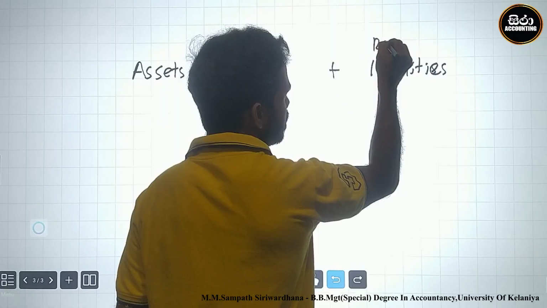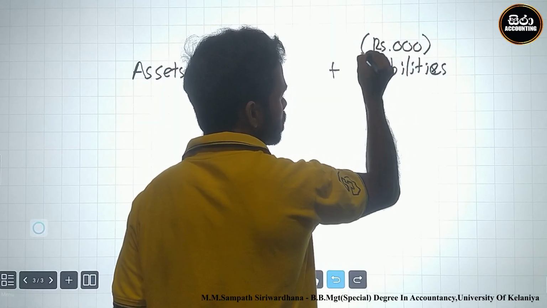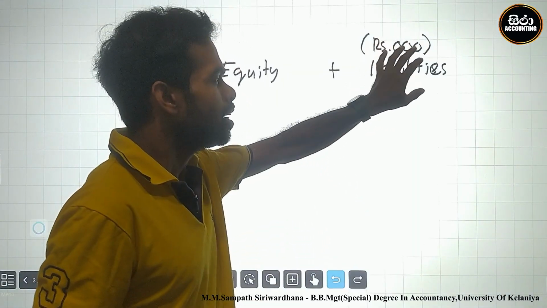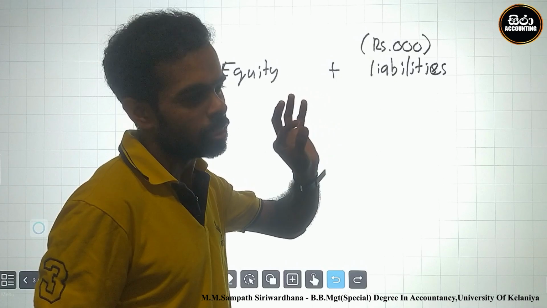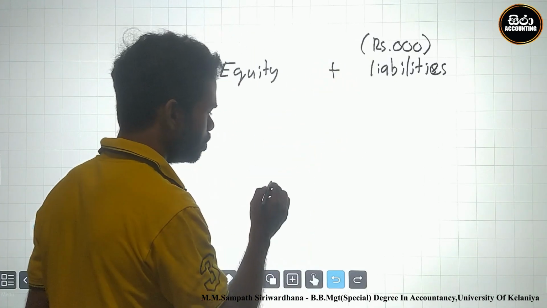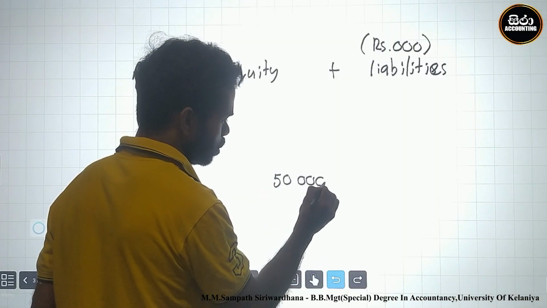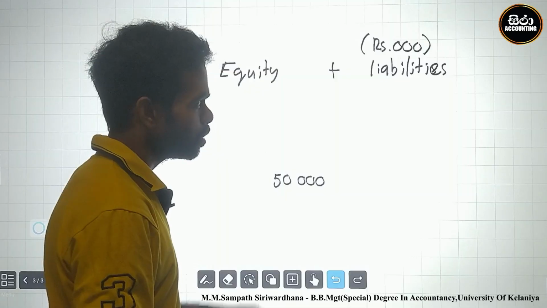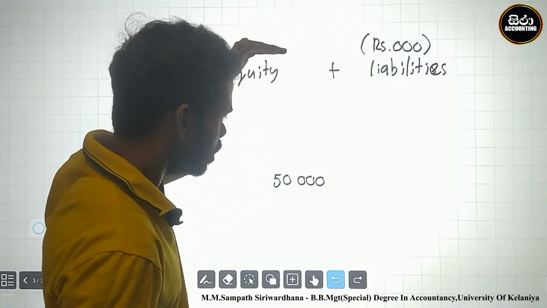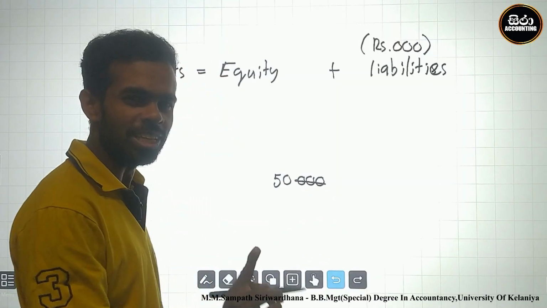Firstly, you must write the rupees as 1000. Why do I write 1000? You can eliminate zeros from all amounts. There are 3 zeros. The actual amount is 50,000. Using this 1000 rupees at the top of the equation, you can cut the 3 zeros.